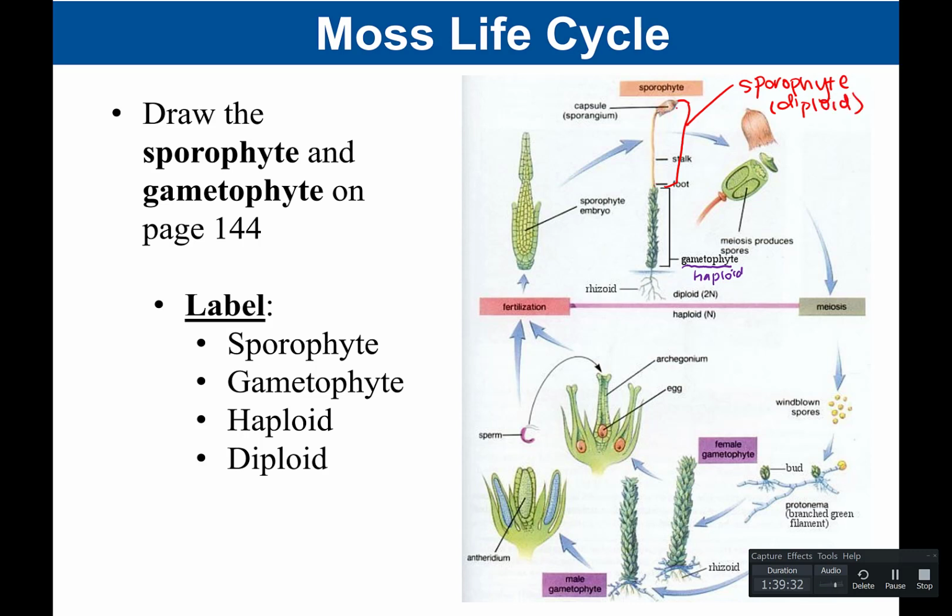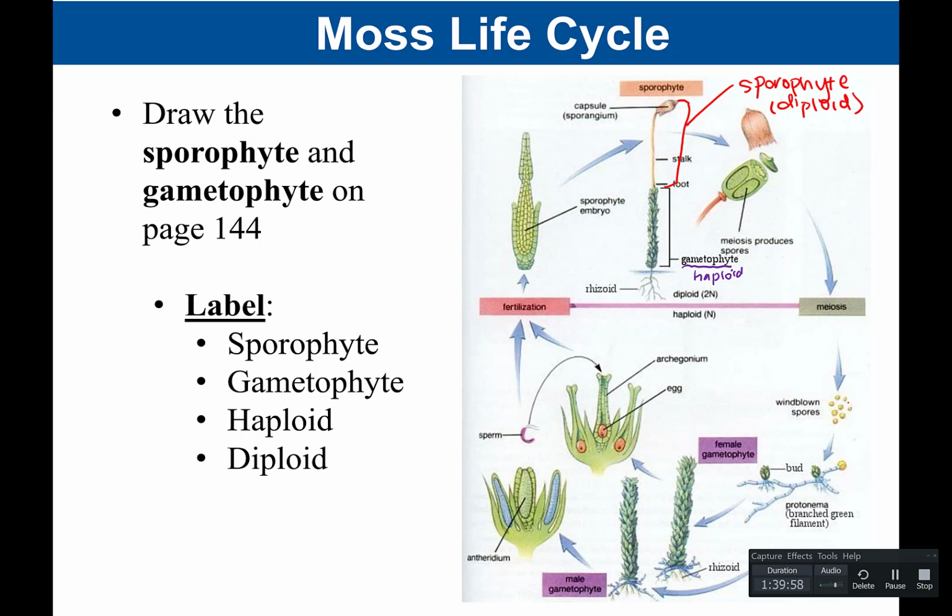So the cap and the stalk, so this is the stalk, this is the cap. And within the capsule are these spores. And within the capsule, the cells that are in there are undergoing meiosis. Because remember, this top part is diploid. So they're going to undergo meiosis, and they're going to produce those haploid spores.